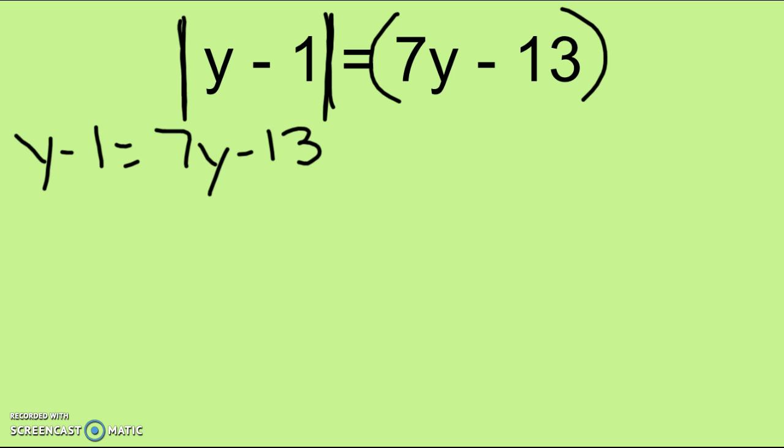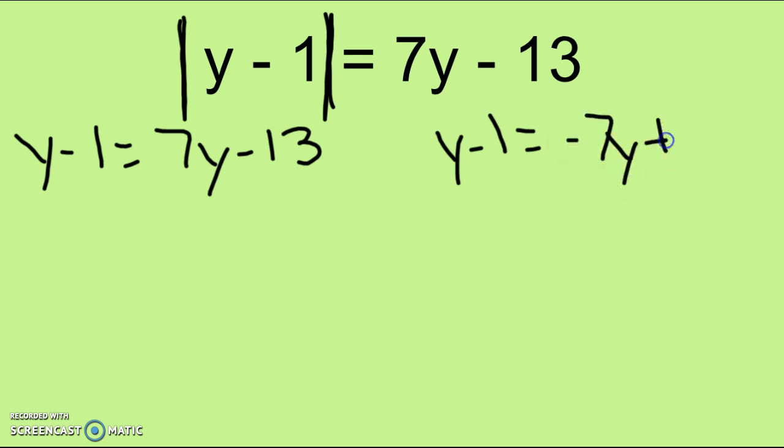You also could have y minus 1 equal the opposite of all of that. You have to change all the signs, so it's negative 7y plus 13.